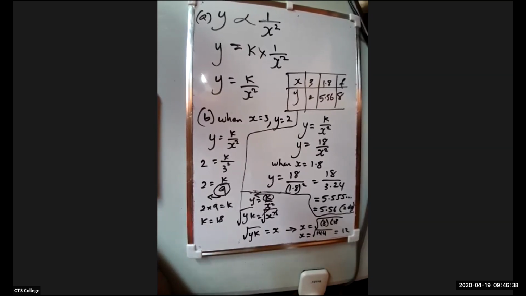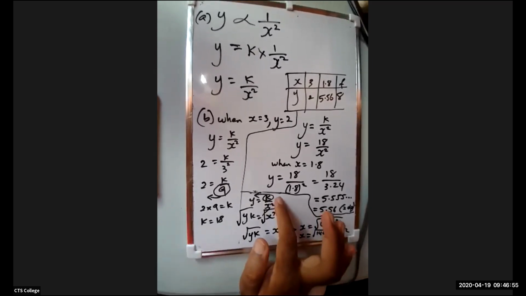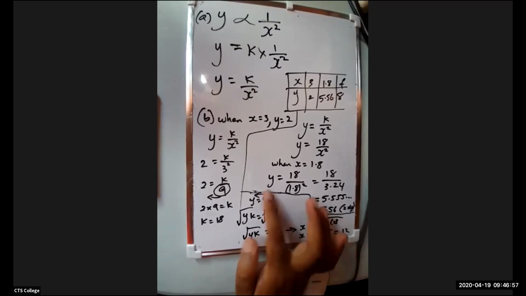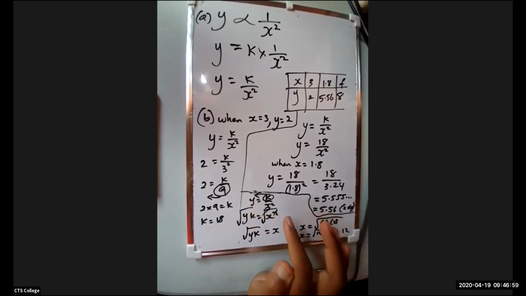X squared is when I transpose. Just now, Johnson is telling me something. When you transpose, you're supposed to get X squared is equal to, no, because remember this is division. So when division, you get 18 over 8.